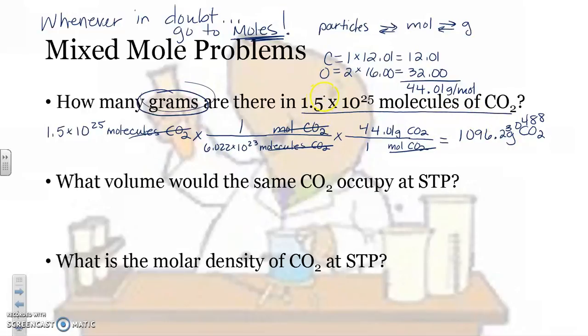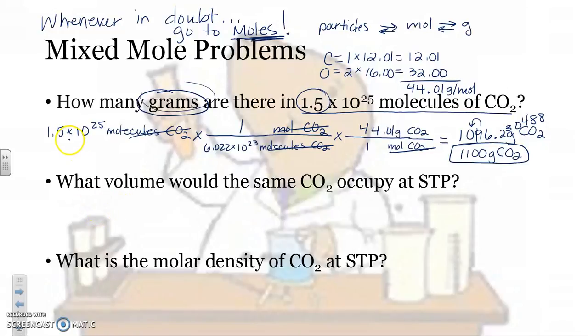Okay, but we don't want all that. We want 2 significant figures. So the 9 makes the 0 become a 1, so 1100 grams of carbon dioxide. Or you could do 1.1 times 10 to the 3rd. Either one is fine. So the next question says, what volume would the same carbon dioxide occupy at STP?